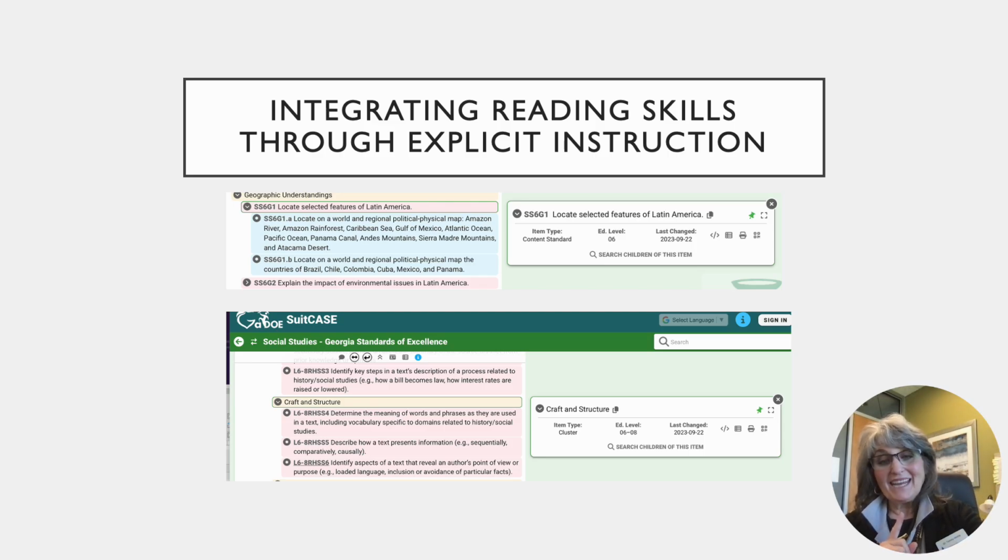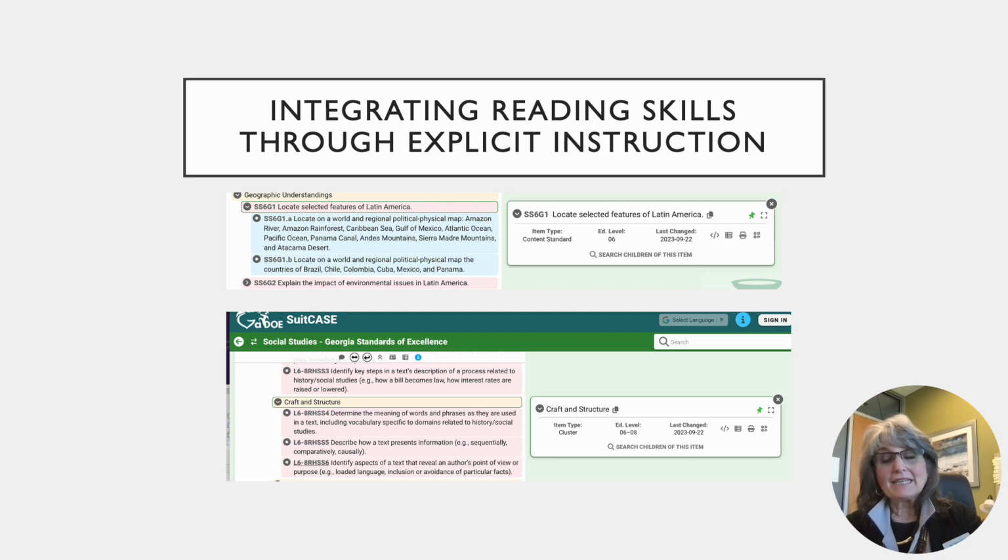But that doesn't mean that you do not have knowledge about vocabulary and about teaching students to engage with text in your content area, and that you cannot look for resources to assist you in extending their understanding through text in whatever content area you are teaching.